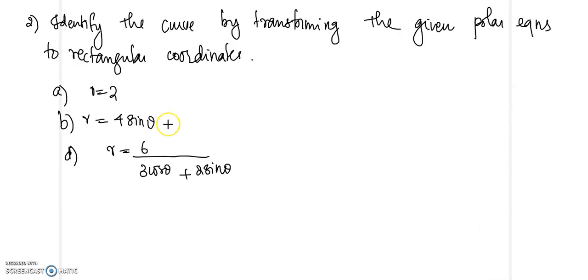Problem is to identify the curve by transforming the given polar equations to rectangular coordinates. So we are given the curve in polar form. We need to find the corresponding curve in the rectangular coordinates. Now for this we use the substitution r equal to root of x square plus y square and θ is tan inverse of y by x.